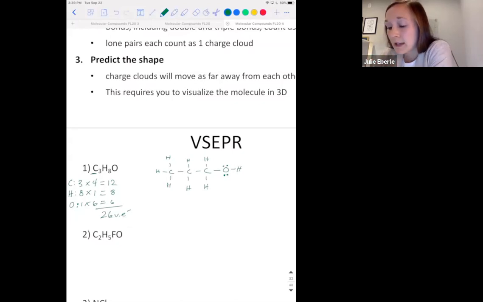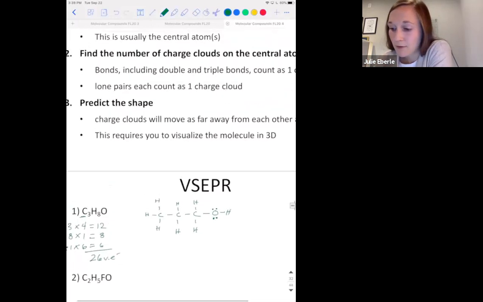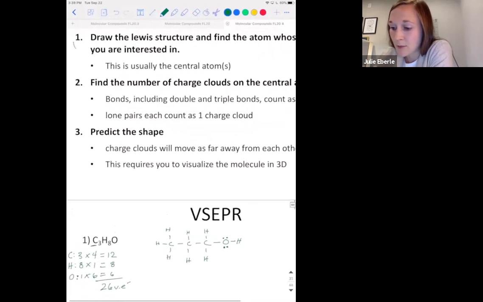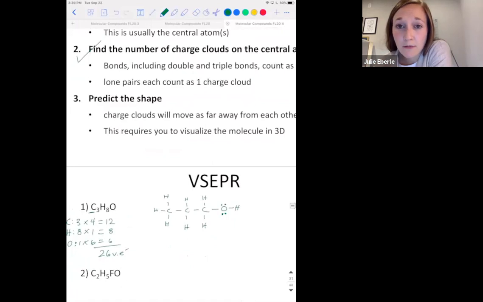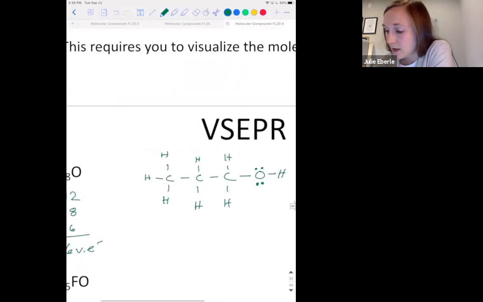So now let's name the geometries. So how do we do that? Well, we did step 1, check. Now we're going to do step 2, find the number of charge clouds. So we're just going to count the bonds and count the lone pairs on each carbon. So for this first carbon right here, we have 4 bonded atoms, no lone pairs.